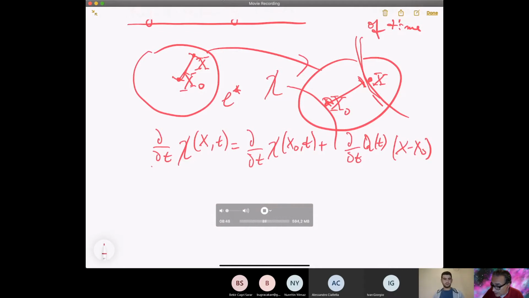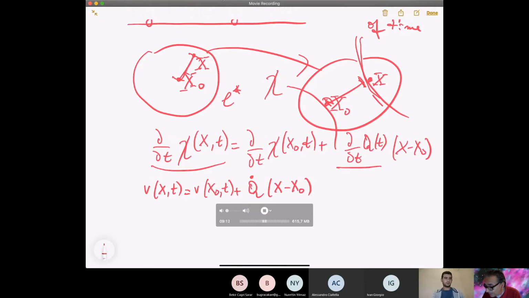I call this V, so V of x and t equal to V of x0, t plus Q dot, I call it, instead of this, I use this symbol, it means the same, x minus x0.